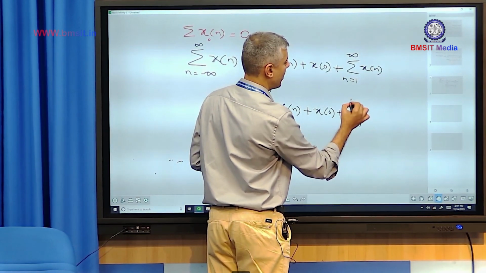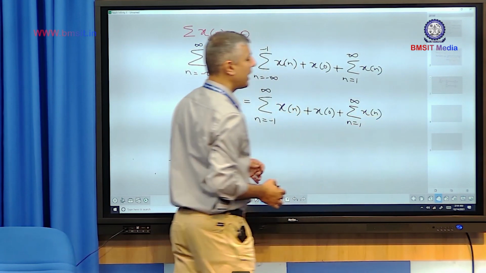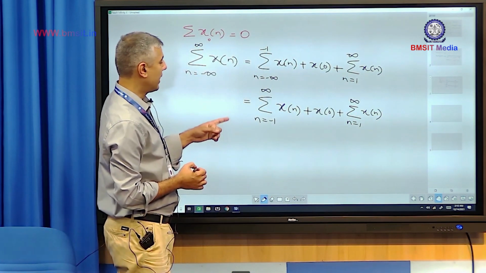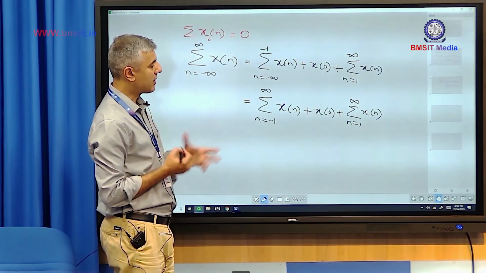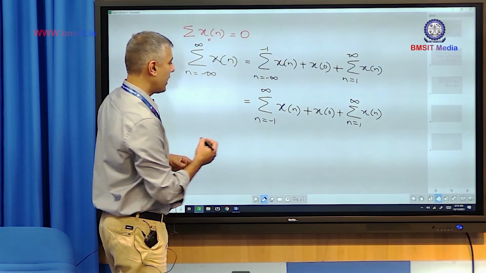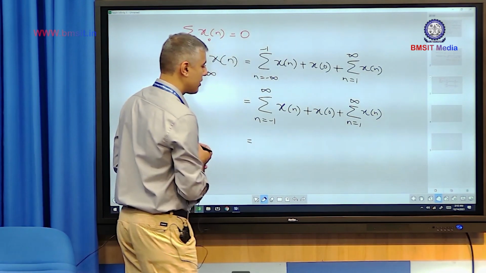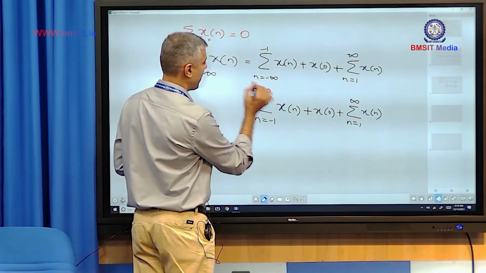Then this is x of n from 1 to infinity. So in the last term, n is equal to 1 to infinity, and the first term is n is equal to minus infinity to minus 1. Here let us make a small readjustment with the numbers.